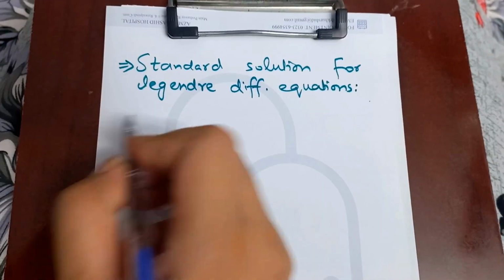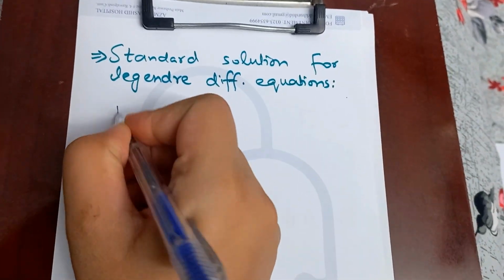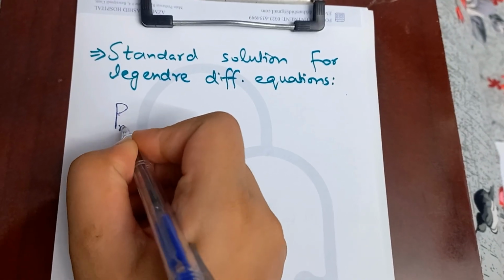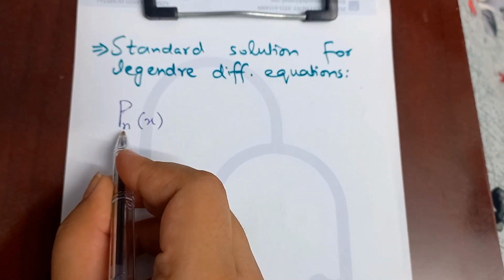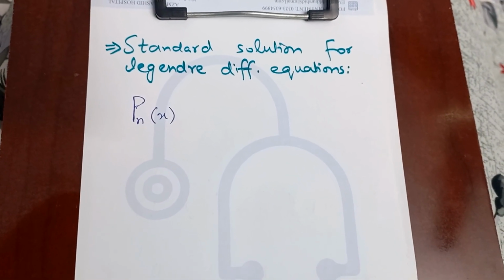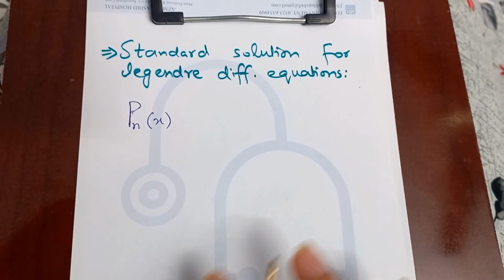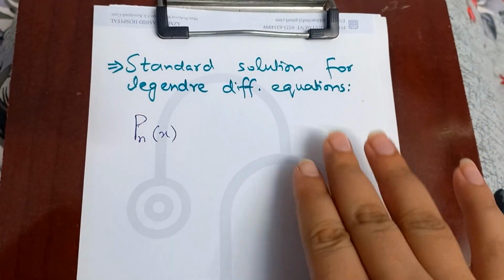Okay, the formula is P n as a function of x. Here n is determined from the standard form. We will express the Legendre equation that we have in terms of the standard form.